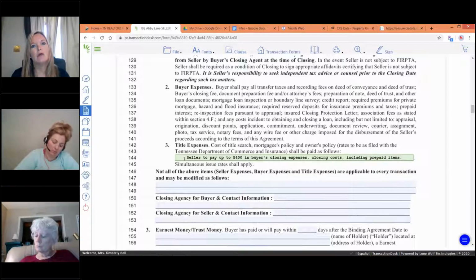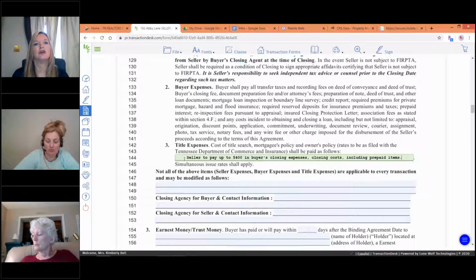A prepaid item is something that the buyer is paying prior to closing. So it could be a home inspection, it could be a termite inspection, it could be a survey, it could be anything that is prepaid.